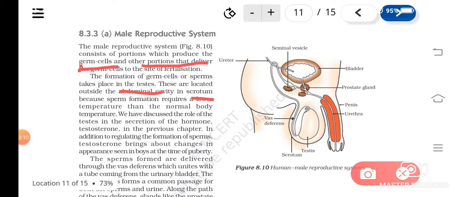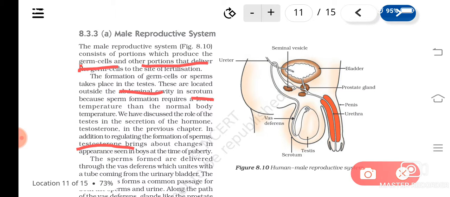So one function of testes is what? To produce the sperms. In addition to that, they also help in the production of the male hormone called testosterone. Understood? So what are the two functions of testes?